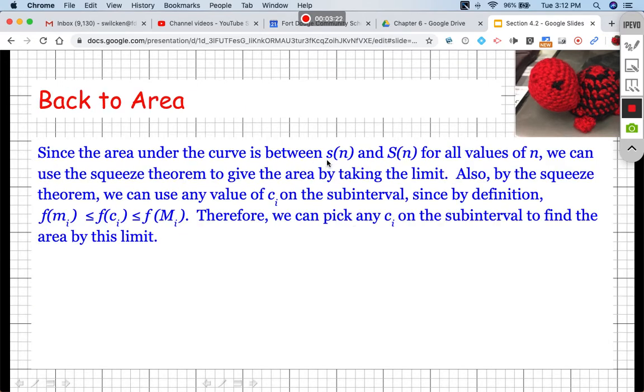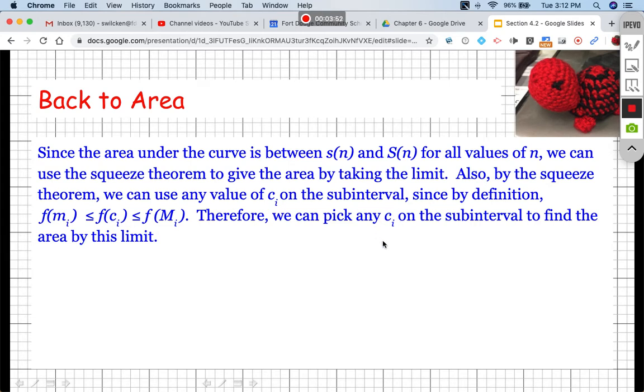But here's the other thing that kind of helps us. The lower sum and the upper sum are basically going to sandwich in and get us to that one value. If this is based on the smallest value on each interval, and this is based on the largest value on each interval, I can pick any value in between the smallest and the largest, and that should still work.